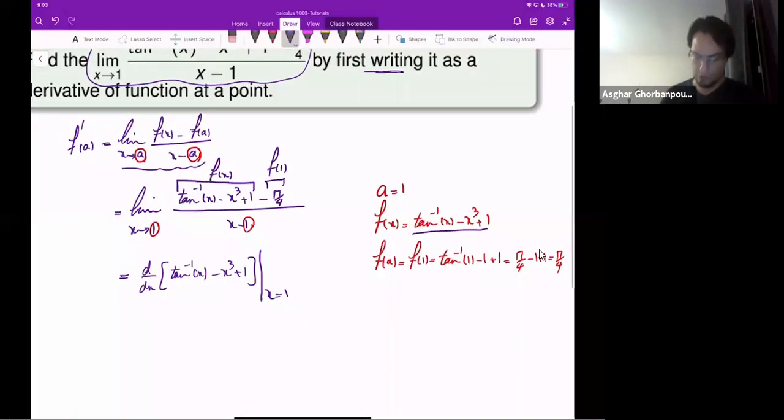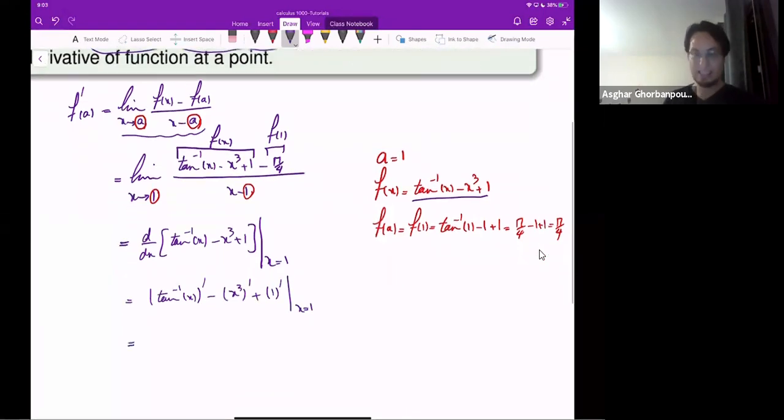What is the derivative? You apply the sum and difference rule: derivative of tan inverse x, minus the derivative of x cubed, plus the derivative of 1, at x equal to 1.